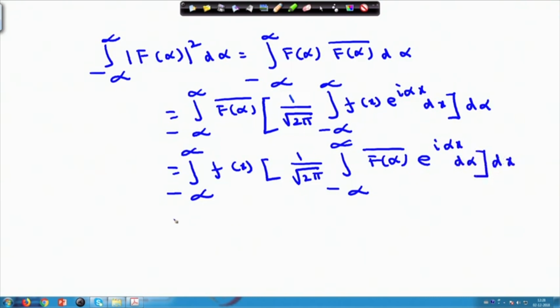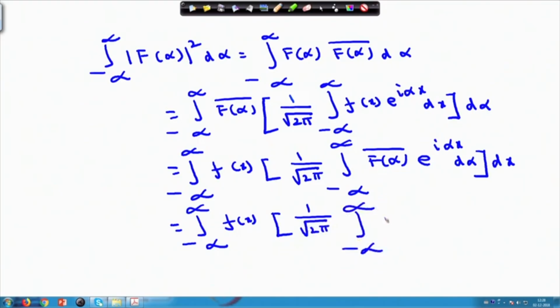So, this again equals the integral of f(x) into 1 by root 2 pi, integral from minus infinity to infinity. This mod I can bring e power i alpha x also. So, it will be e power minus i alpha x if I make the mod over here, into d alpha into dx.